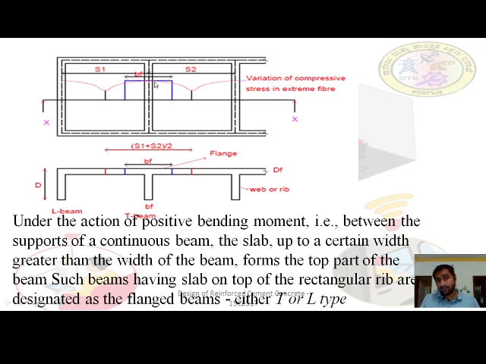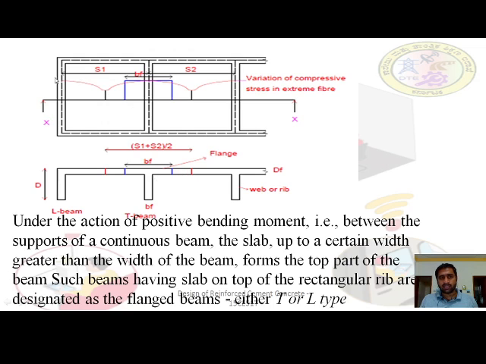In the last slide we have seen that BF is the effective width of the T beam. While explaining, I told that the T beam acts from either the left side and the right side of the beam, from the center of the slab. Here you can see the actual width of the T beam.